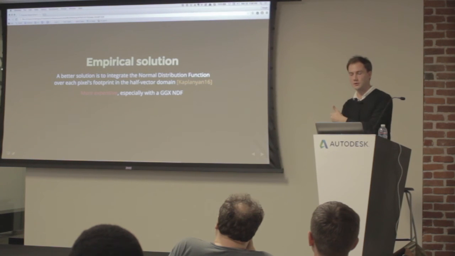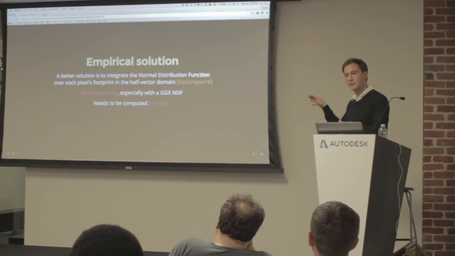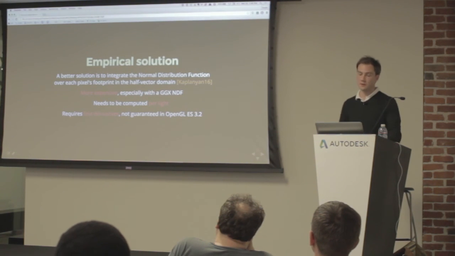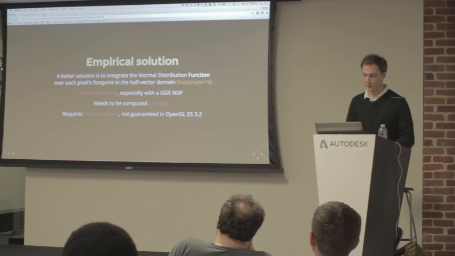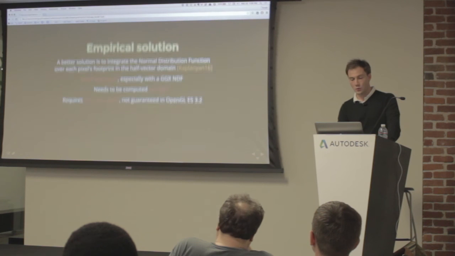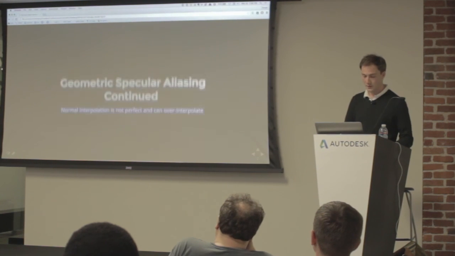It's much better than what I just showed you. It's also very expensive. It needs to be computed once per light that lights your object, whereas the previous solution is just once for all the lights. And it requires a feature called fine derivatives that is not guaranteed to exist on mobile with the current OpenGL ES 3.2 version. So you could take a look if you're interested, but I don't think it's worth it on mobile at this point.